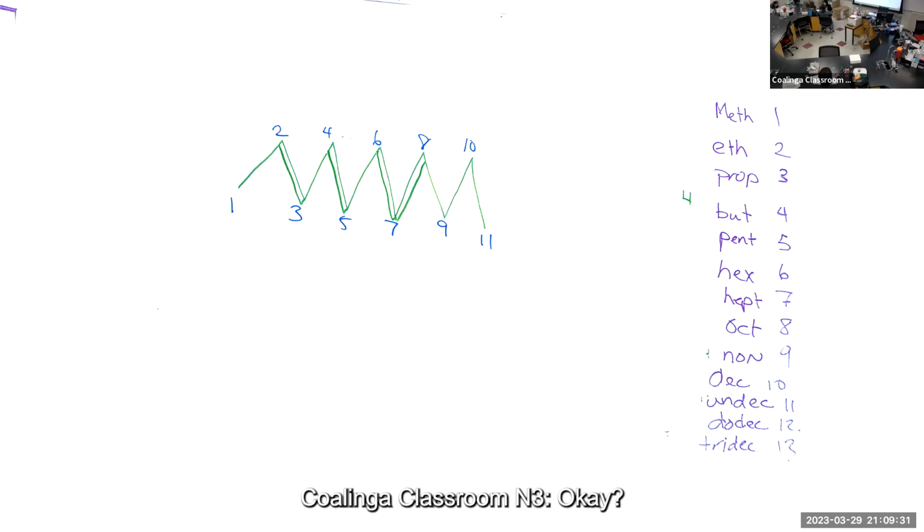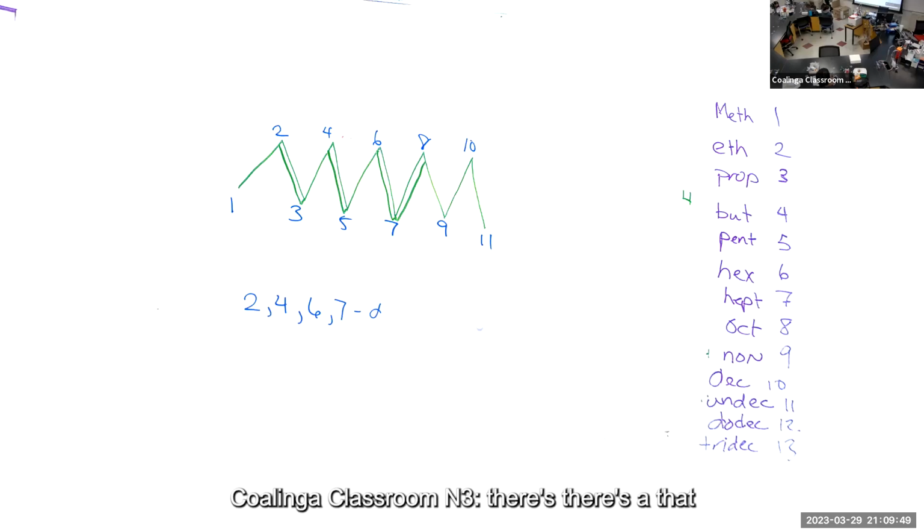Okay. Let me give you my name. Would it be 2, 4, 6, 7-undecatetraene? There are 11 carbons, right? So undeca.